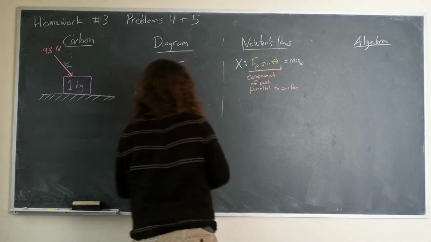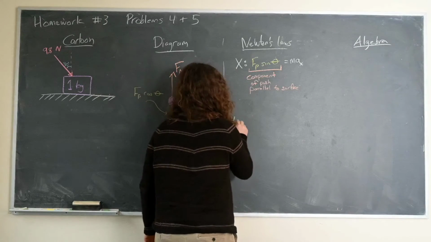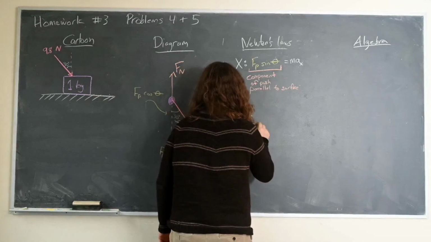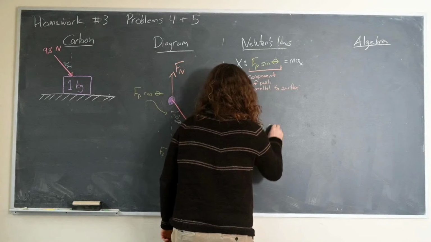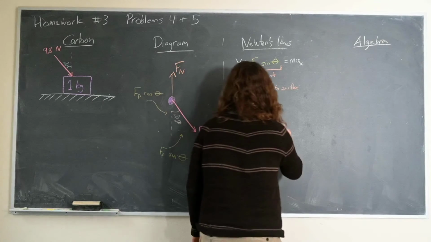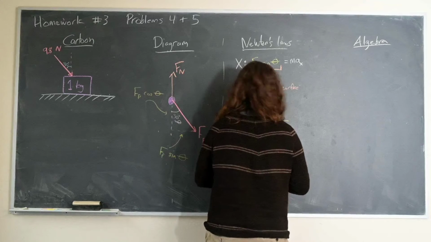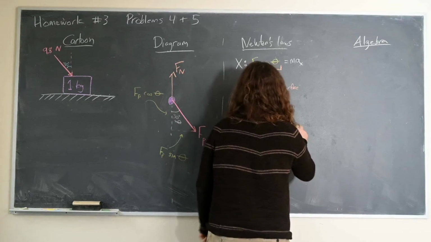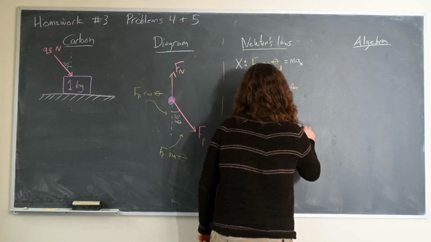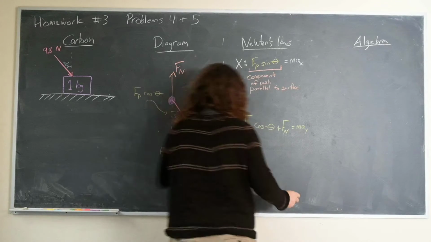And then for the other one, for y, let's see, we have Fp cosine theta, that's got a minus sign, plus Fn equals may. Some color coding.